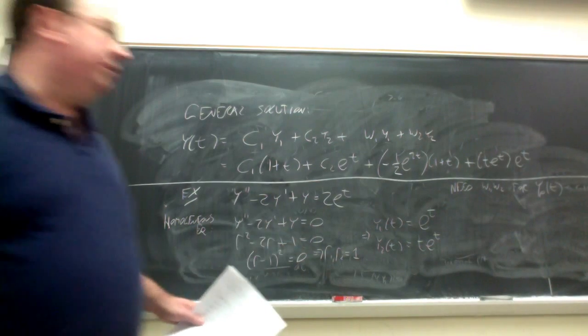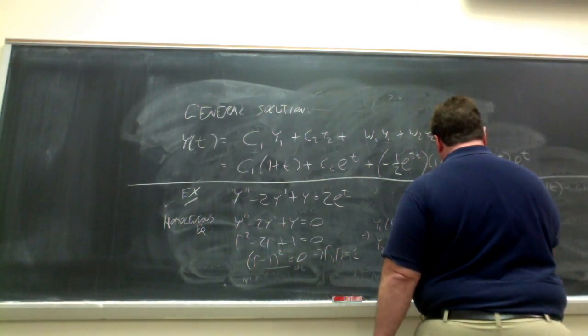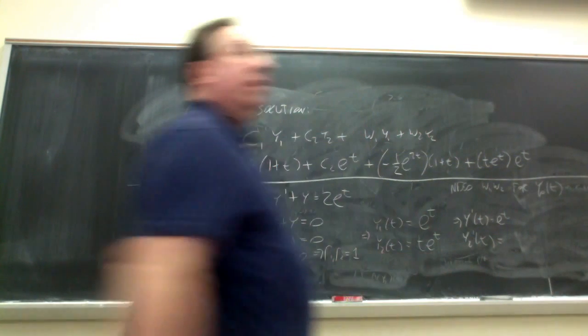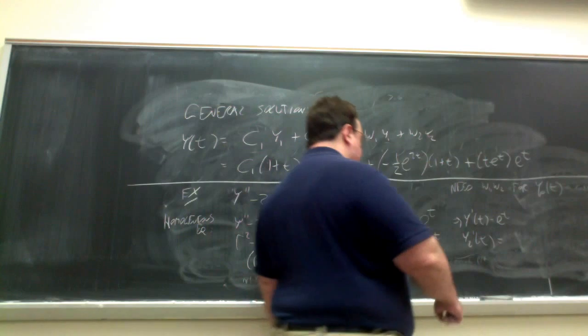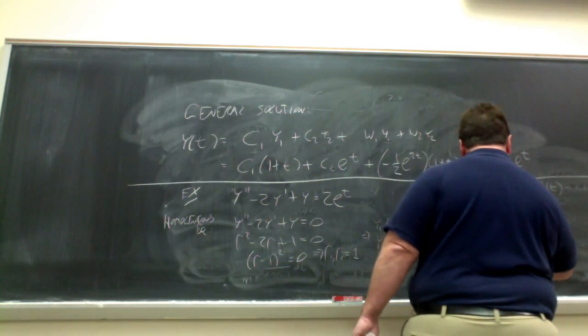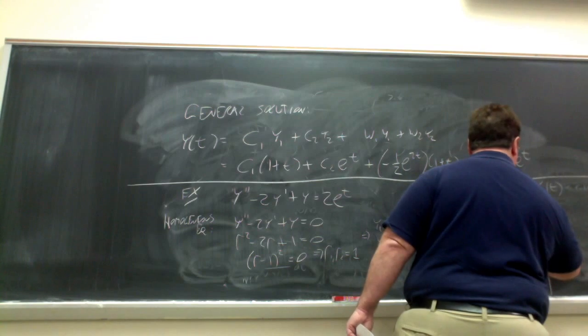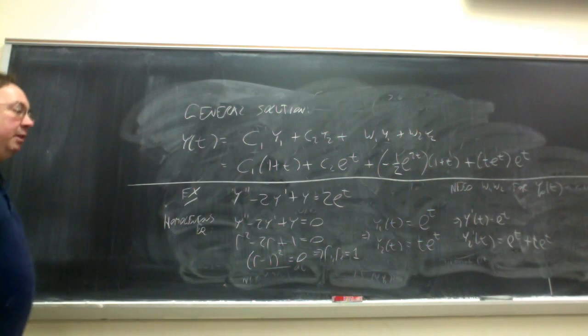We need derivatives. Okay, so y1 prime is just e to the t. What about y2 prime? e to the t plus t e to the t. Yeah, using product rule, so e to the t from differentiating t, and then plus t e to the t from differentiating the exponential. Okay, and what do we do with those?